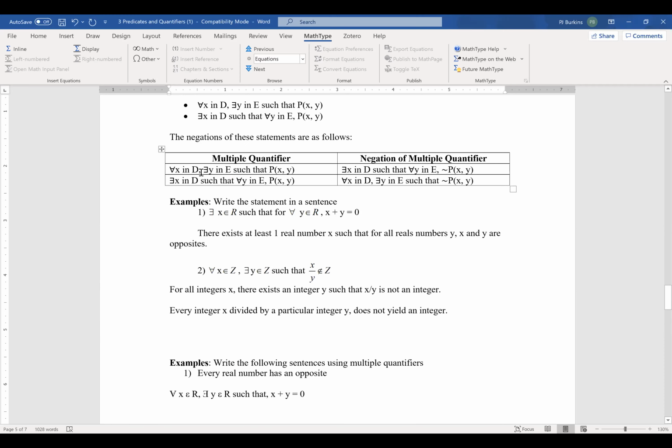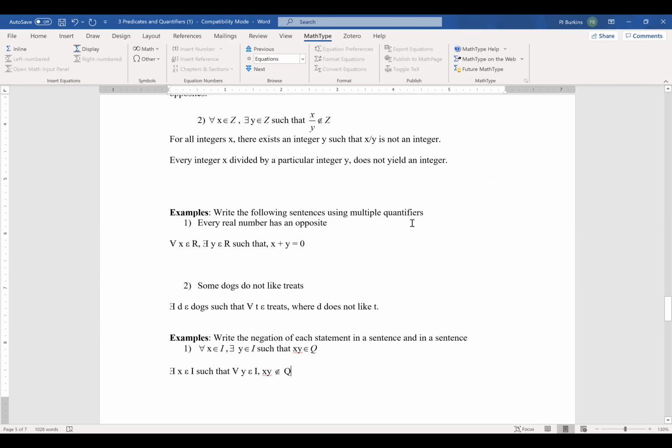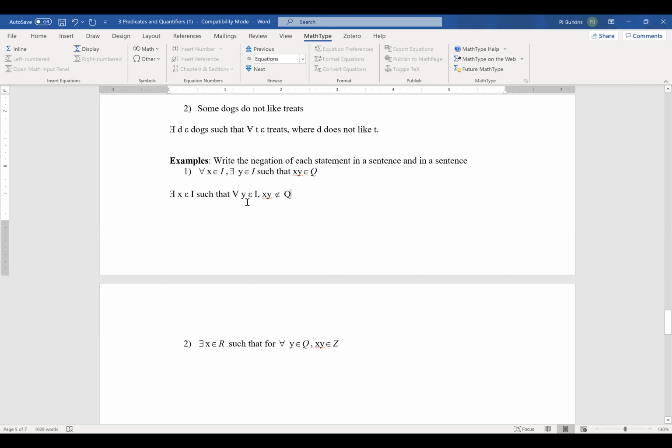So we started with this, and just after that guy. I hope that's fairly intuitive, that you just change everything. That's all we have to do here for a negation.